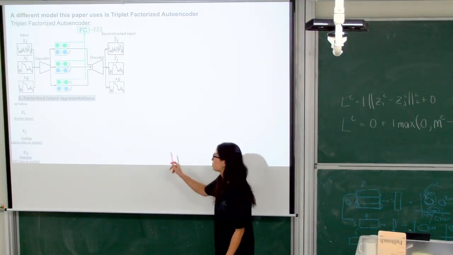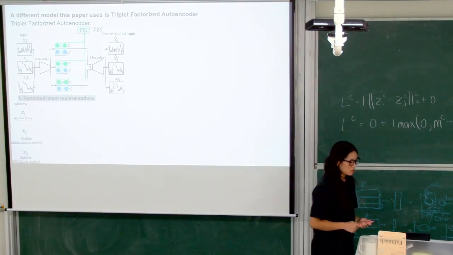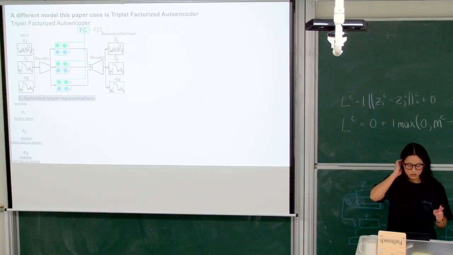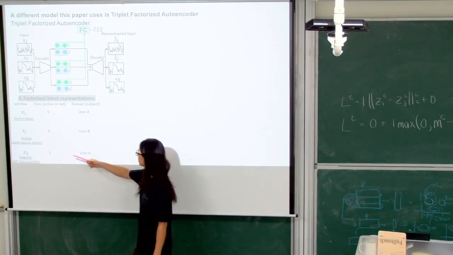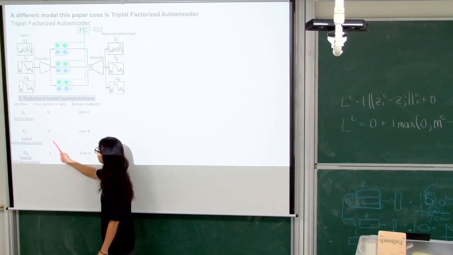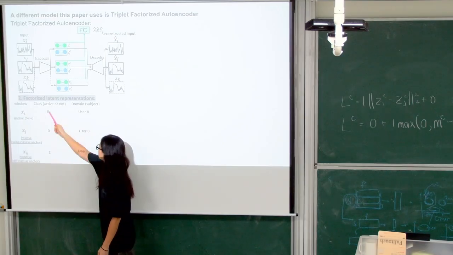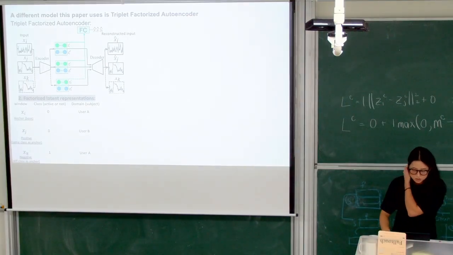One is the base, the anchor, and then the second one is called positive, and the third one is called negative. For the base, the positive needs to have the same class as the anchor, and the negative needs to have a different class from the base. That's what they put in for their inputs.